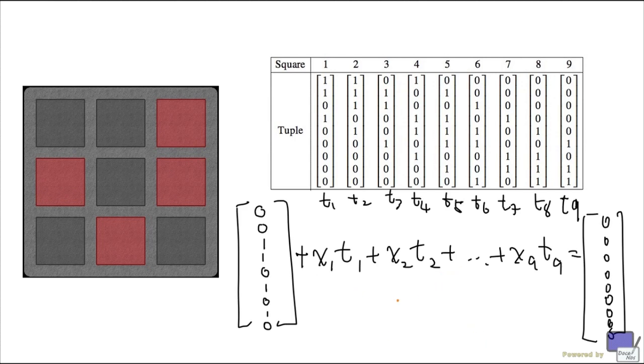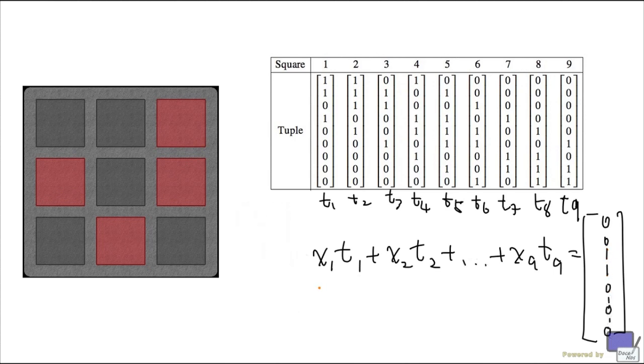Now, notice that if I add the tuple that corresponds to the configuration of lights to both sides, I get the following. We are going to evaluate this and see what happens. So I have x1 times T1. That means if I look at just the first entry, I will have x1 plus, and there's a 1 here, so I'm going to get x2, and I'm not going to get x3, but I'm going to get x4, and none of x5 to x9.